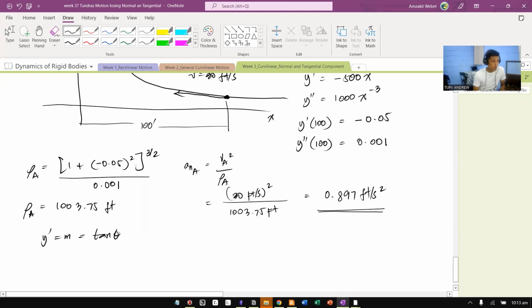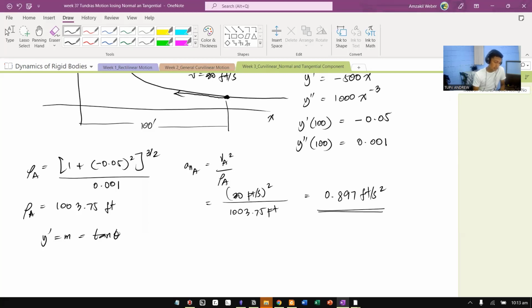If you have the slope at that point on the curve, which is rise over run, and rise over run is tangent theta, then that's the direction of the vector at that point.